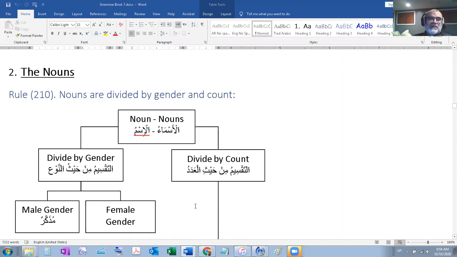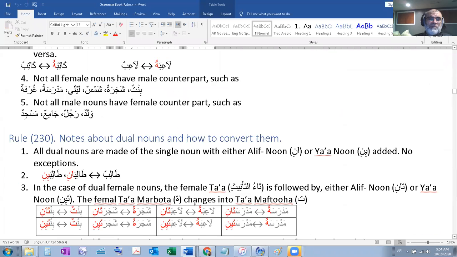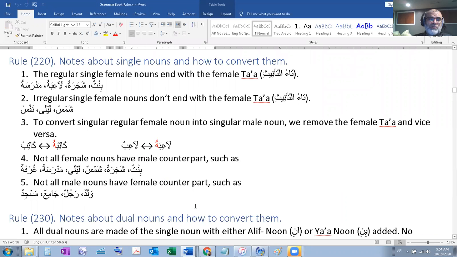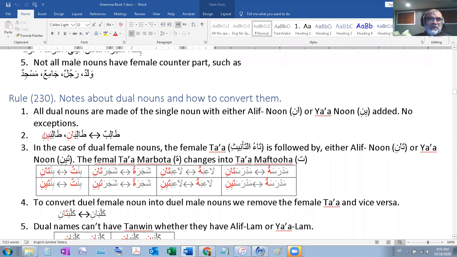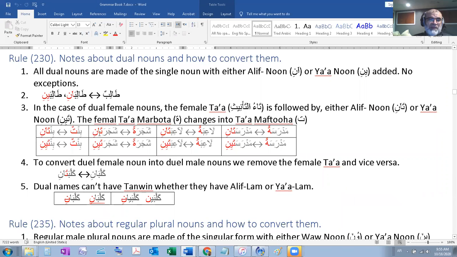How to convert from single to dual: you add either alif noon or ya noon. Rule 230, item number 2. How about the female, since we're talking about it? For the female, you remove the ta' marbuta, make it ta' maftuha, and then add the alif noon or the ya noon. That's the rule here, rule 230.